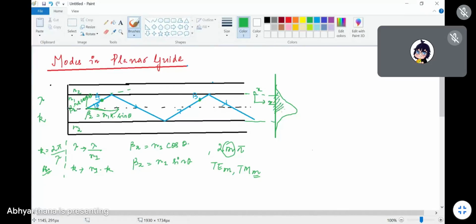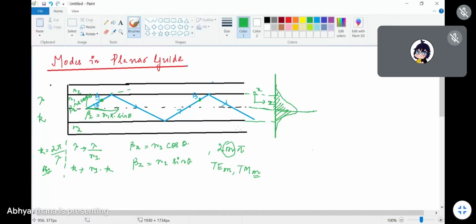The strength of the electric field will be extremely high at the central axis, and it decreases towards the cladding. Usually your electric field travels in a sinusoidal manner along your x direction. That is how you get the value of your z. Your 2m pi is the total phase change.